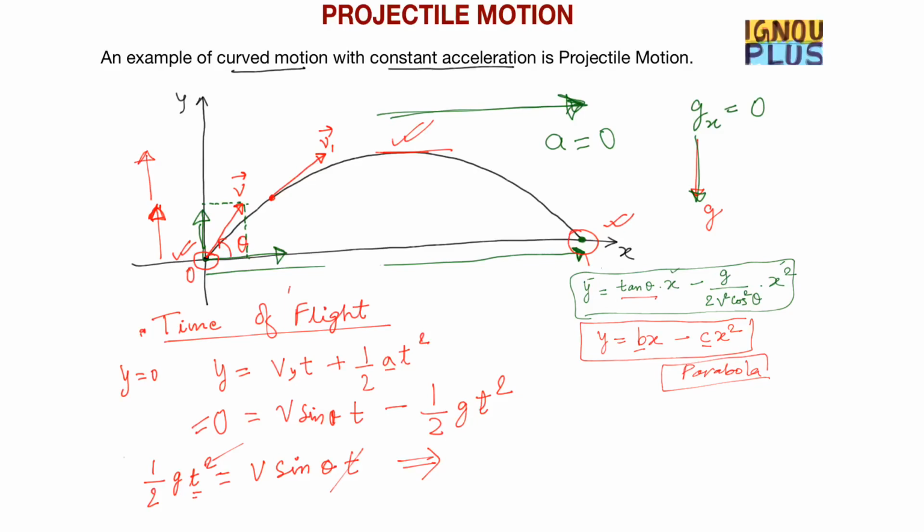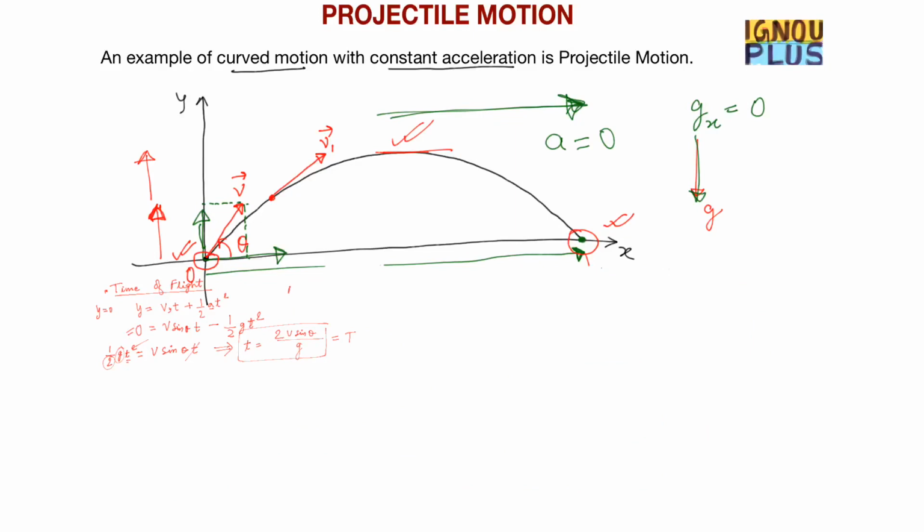So this t is the time, which is equal to, this 2 will go to the right hand side, so it will be 2 v sin theta by g. So this is your time of flight or T. Now another important thing we need to know is horizontal range.